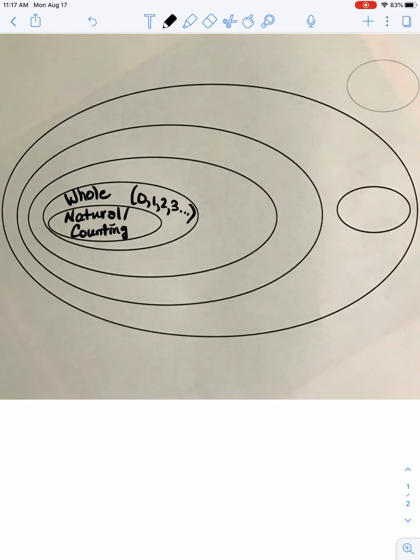He bet double or nothing. And guess what? He lost again. And so not only did he have no sheep, he owed sheep. He had less than 0 sheep. And so he had to invent a system to show that. And that system is called integers.